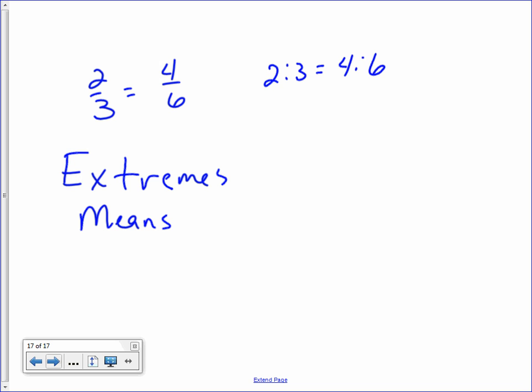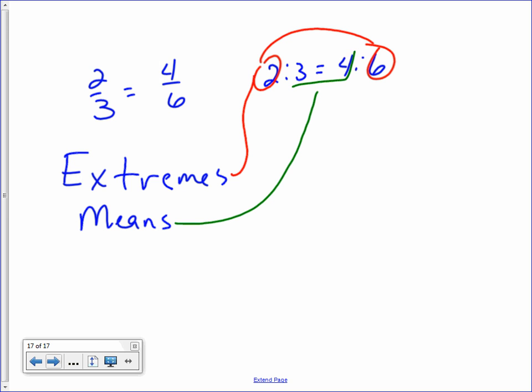If I write it that way, it's easy to see that my extremes are the 2 and the 6. The means, which is kind of looking at the middle, are the 3 and the 4. So the product of the extremes is equal to the product of the means, as you may hear it referred to.